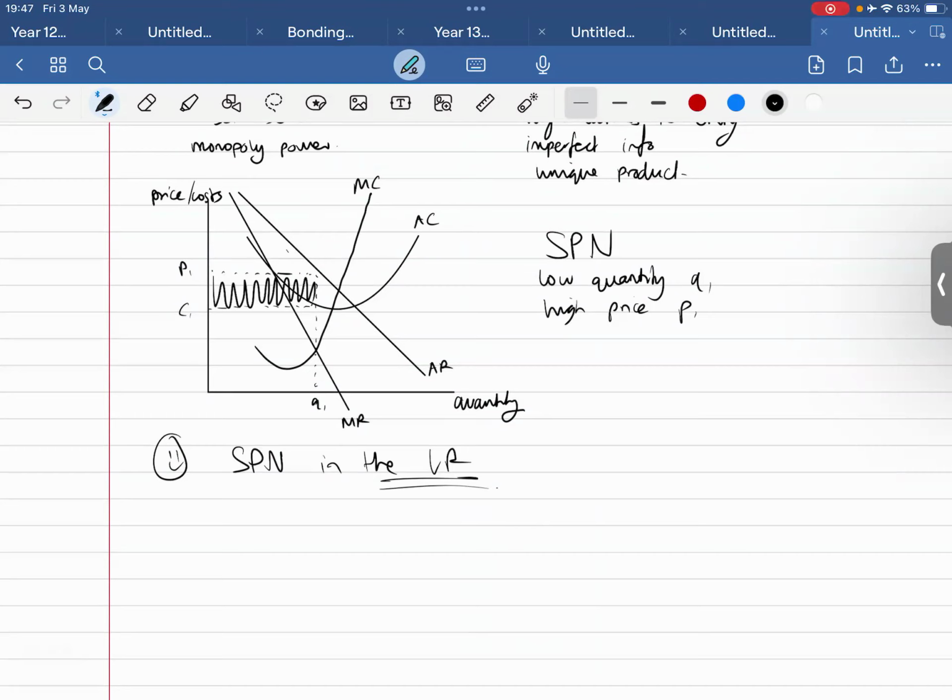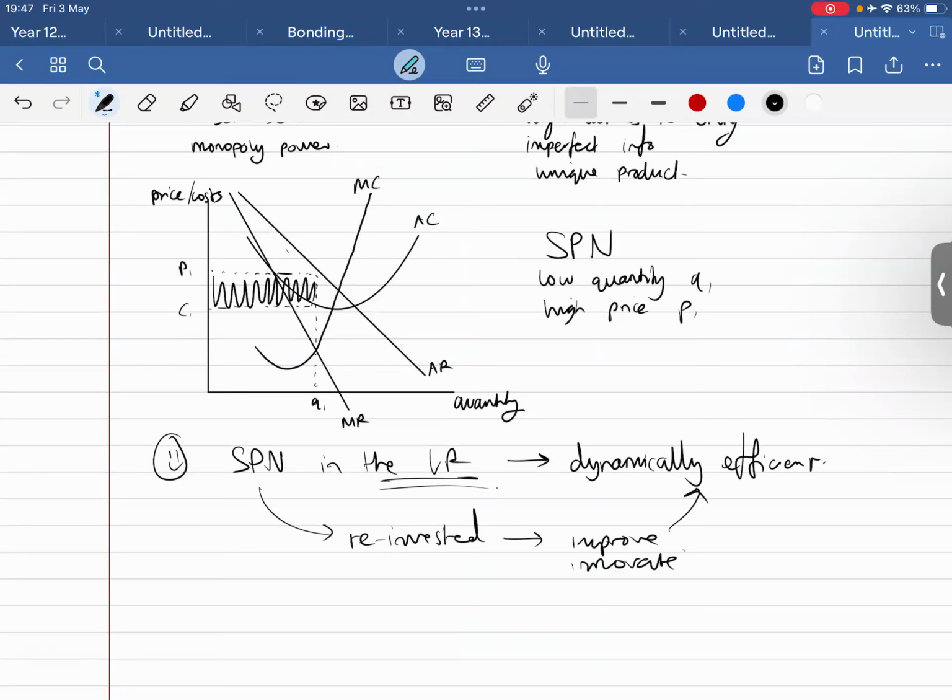This supernormal profit in the long run allows firms to be dynamically efficient. This is because, and then just give a nice, beautiful chain of reasoning and explain that profit can be reinvested and the reinvestment can lead to improvements and innovations in the product. And then this is what dynamic efficiency is.